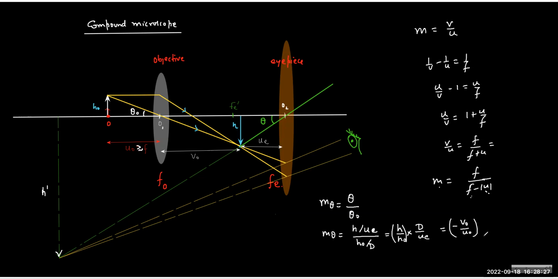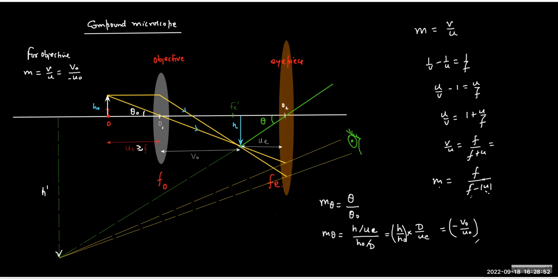Okay. So the formula is v by u. V is v naught and u is minus u naught, isn't it? So for the objective, the linear magnification is v by u, but v is v naught. What is u? Minus u naught, isn't it?